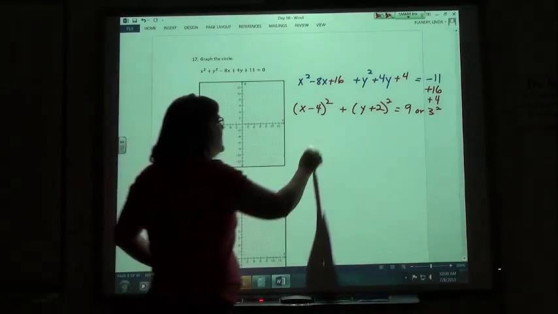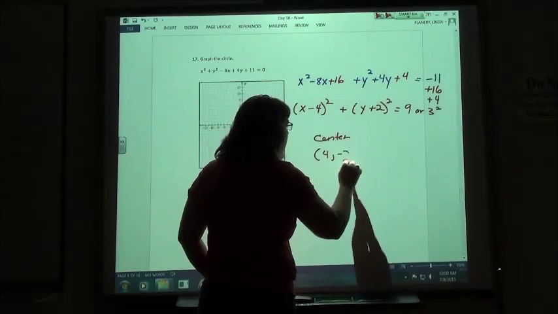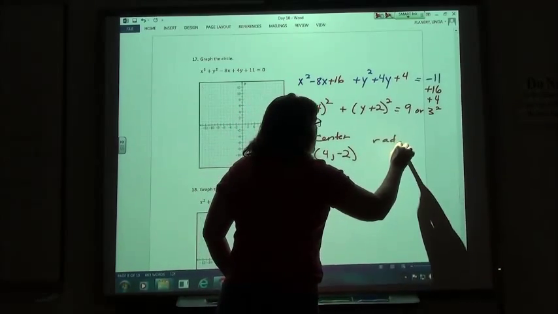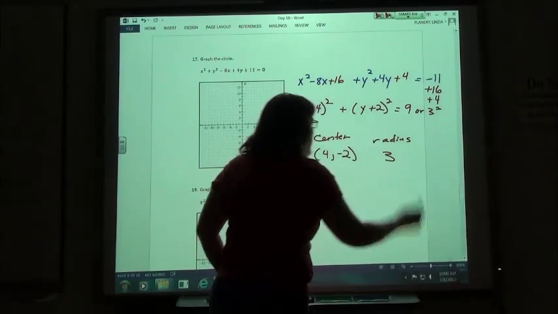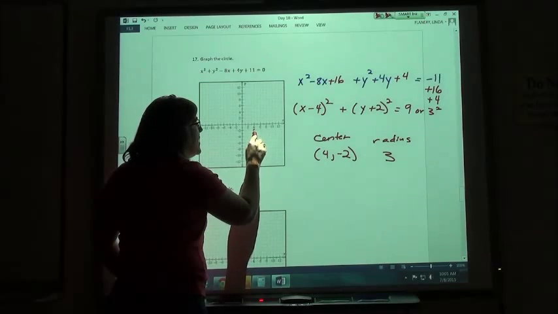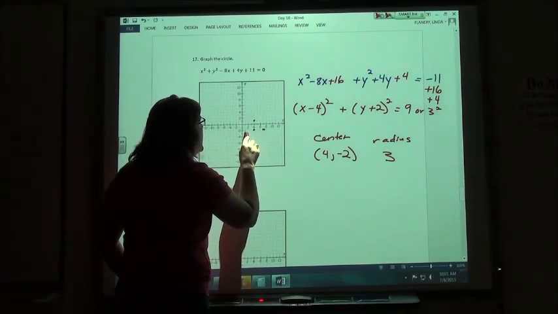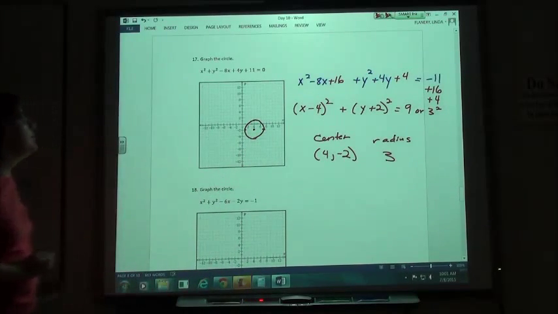So this time my center is going to be at positive 4, negative 2. My radius is 3. So 4, negative 2 is my center. 1, 2, 3 places over opens my circle in 3 places in all directions, and my circle looks something sort of like that.